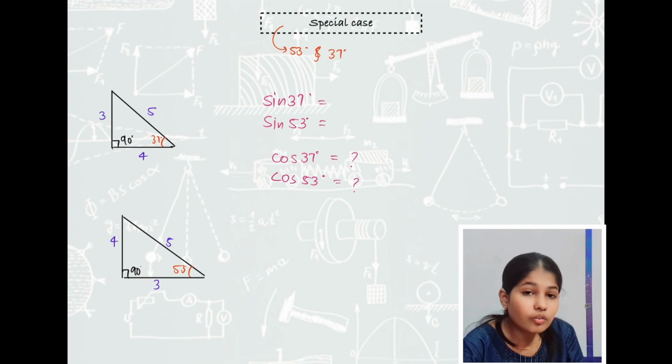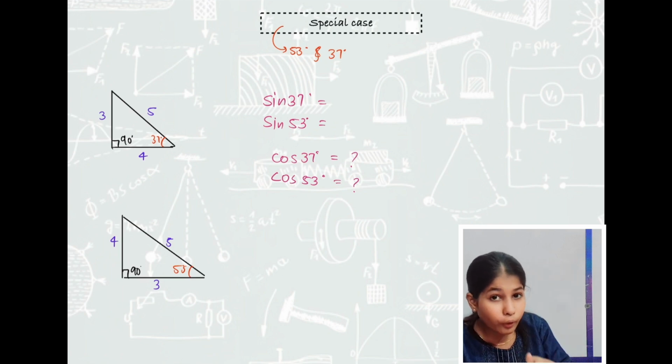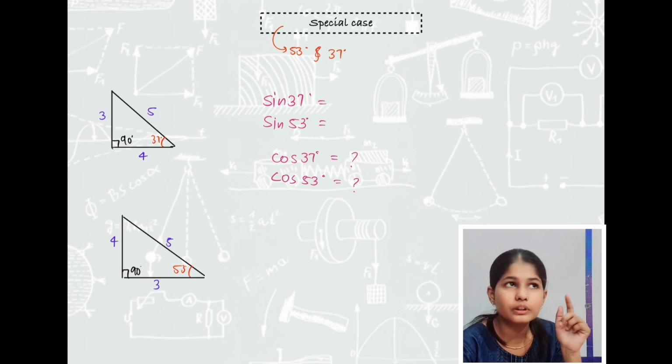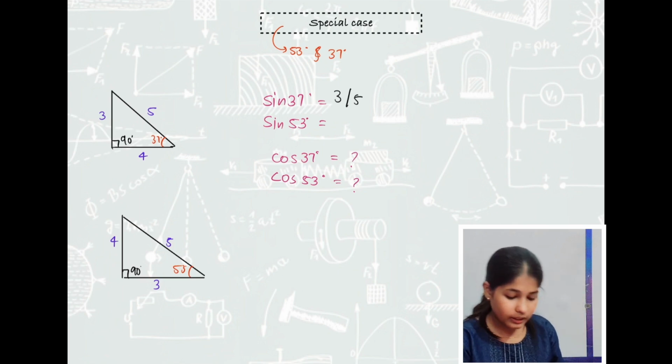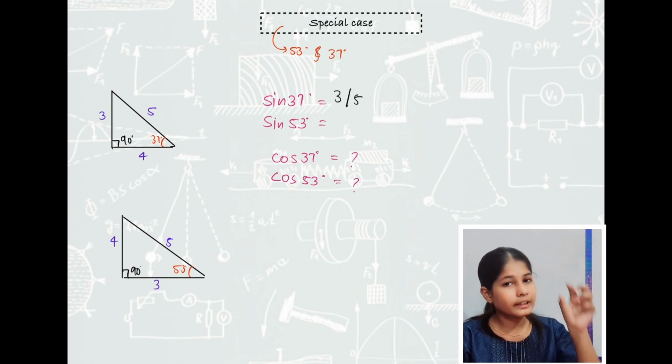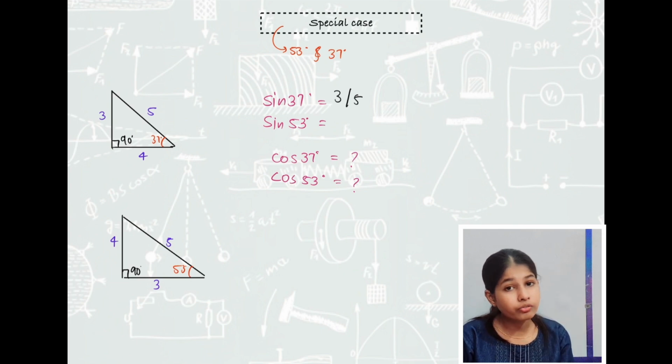The value of sin 37 degree will be what? P upon h. So P upon h means 3 upon 5. You just have to recall in this way. Sin 53 degree: 53 degree is a larger angle, it means it has the larger perpendicular, means 4. So P upon H is 4 upon 5.